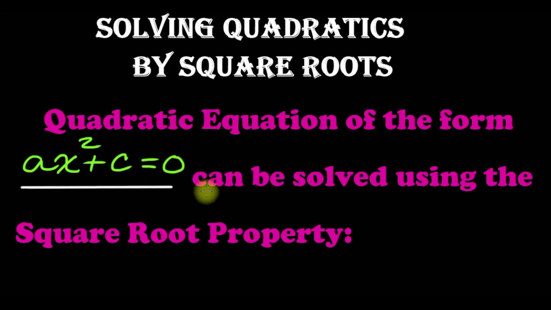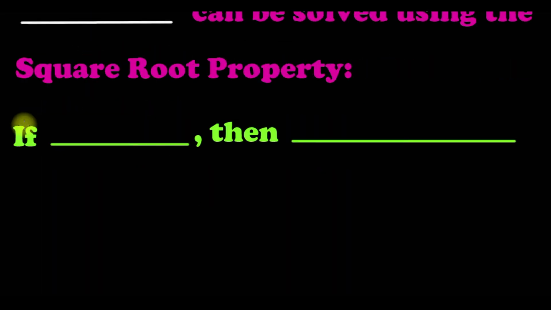So how do we solve something like this? For an example, let's say we have x squared equals n. How do we solve for x? Well, to get the x by itself, you need to get rid of the square.